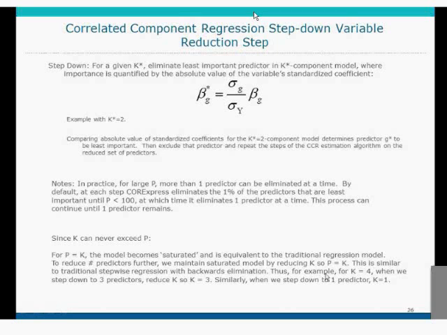In other words, suppose we had K equal to 4. When we step down to 3 predictors, we reduce K so K equals 3. That's similar to what's done in traditional stepwise regression. Basically, you're maintaining the saturated model at each step. That's done automatically by the program.